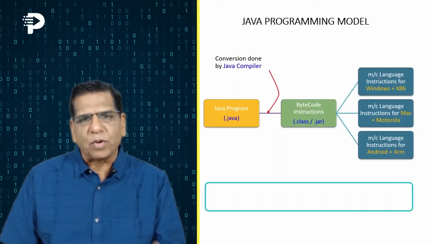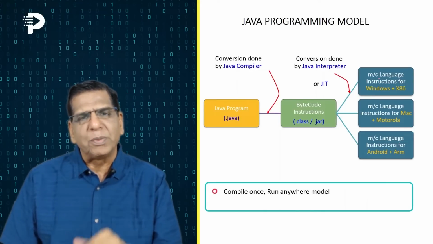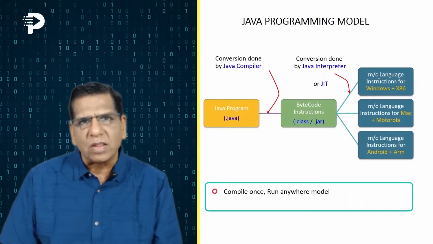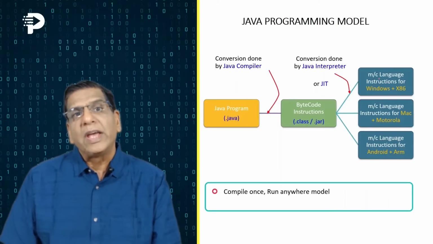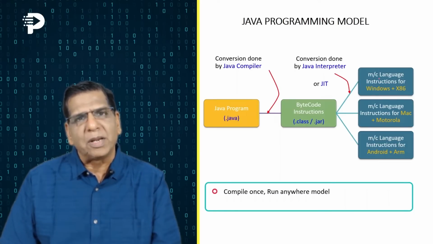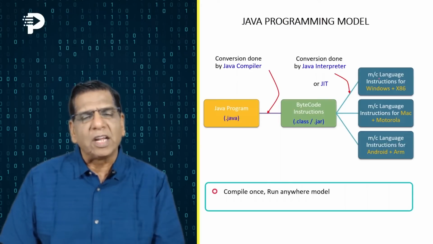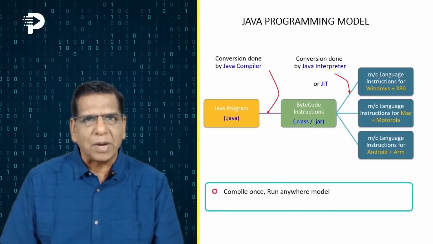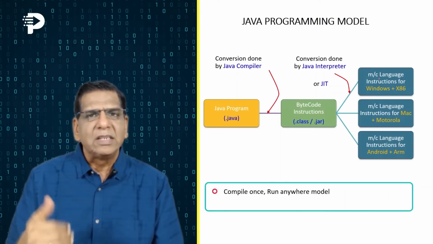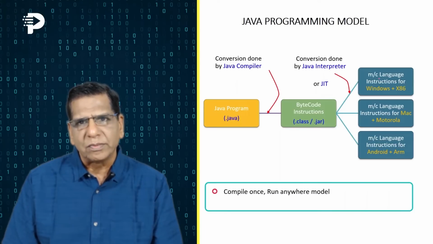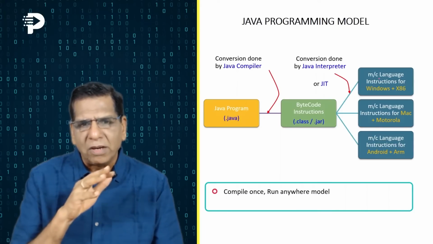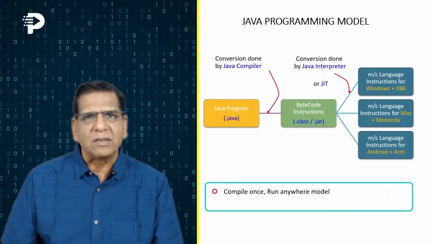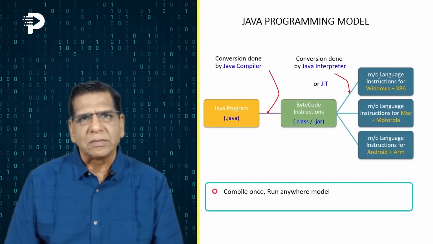The conversion from a .java file into a .class file would be done by the Java compiler, whereas conversion of bytecode instructions on the fly during execution into appropriate machine language instructions will be done by what is known as a Java interpreter, or sometimes also known as a just-in-time compiler. In place of a Java interpreter, a JIT compiler might also be used. So the compiler will convert from .java into .class and the interpreter will convert from .class into machine language instructions.